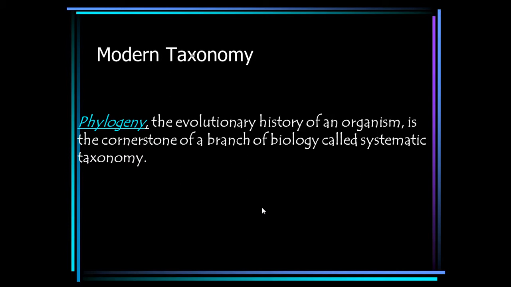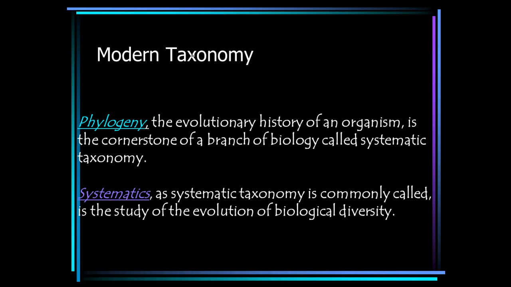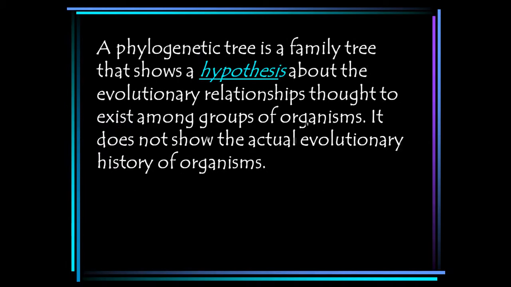In modern taxonomy, you use phylogeny, which is the evolutionary history of an organism, and it's the cornerstone of a branch of biology called systematic taxonomy. Systematics, as systematic taxonomy is commonly called, is the study of the evolution of biological diversity. A phylogenetic tree is a family tree that shows a hypothesis about the evolutionary relationships thought to exist among groups of organisms.